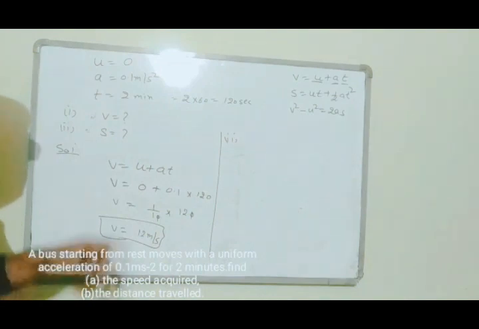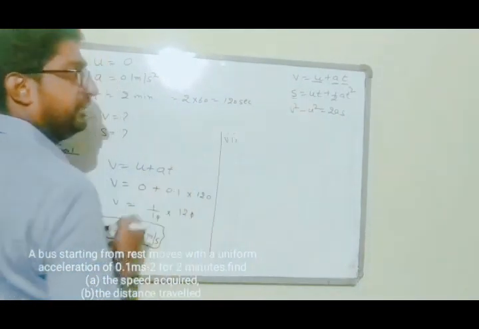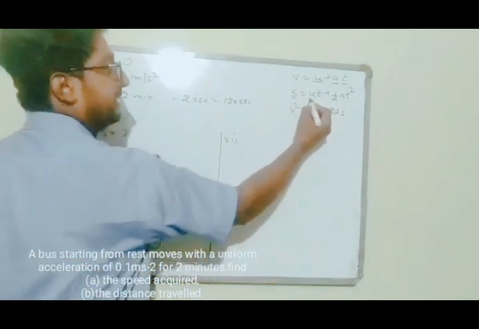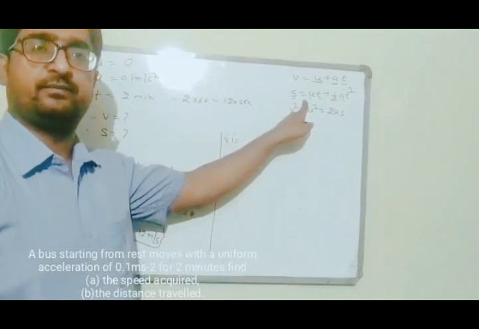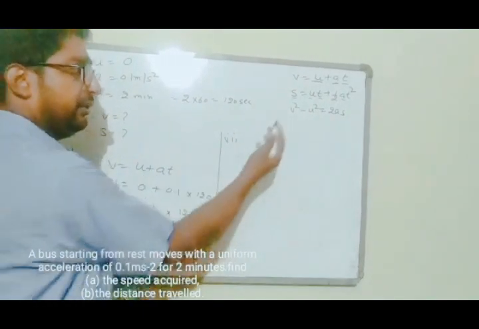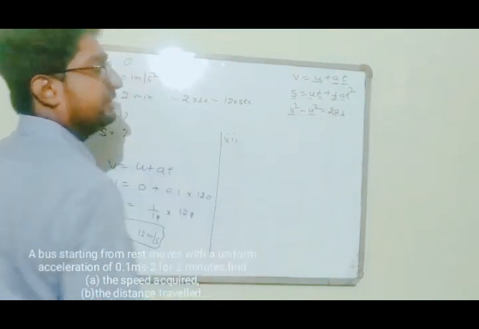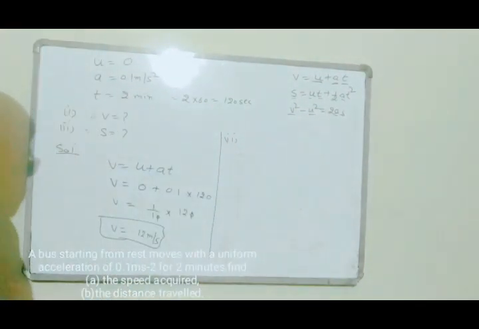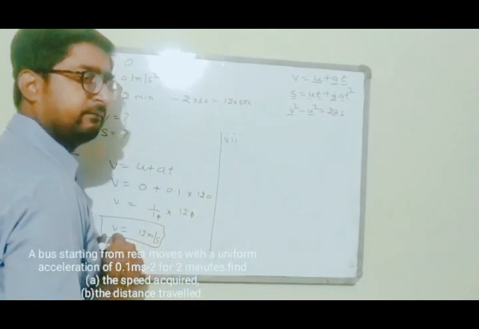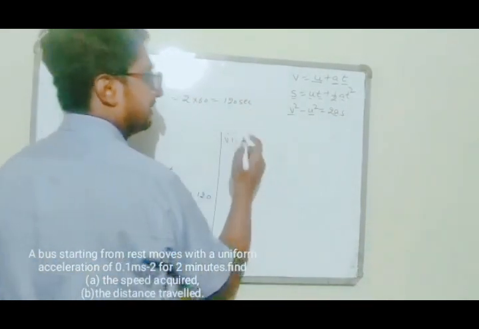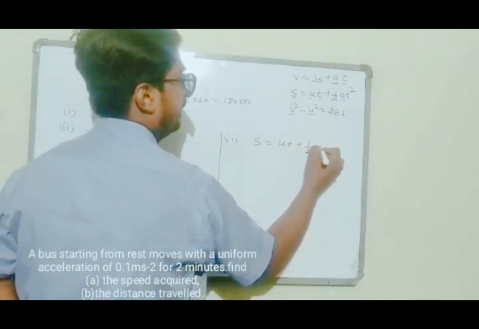For the second part, we have to find S. In this question, S is to be found, U is given, T is given, and A is given. We can use this relation, or we can use the other relation also, because V is given, U is given, and A is also given. So we can do this question by both relations. By this relation, S is equal to UT plus half AT square.